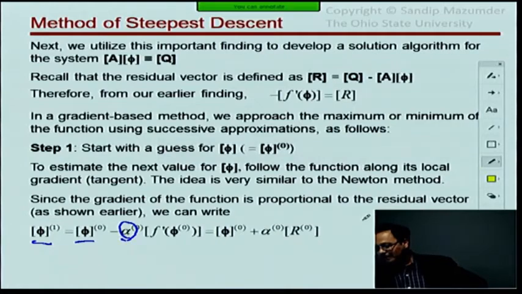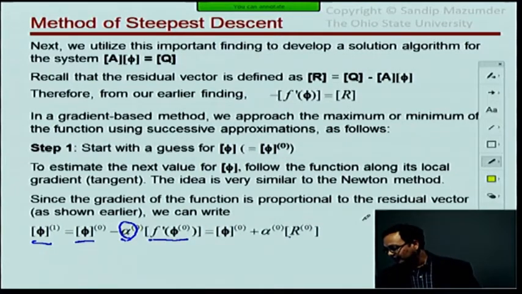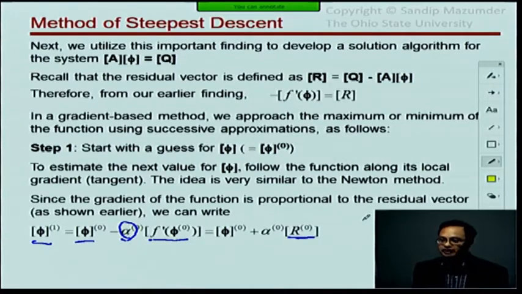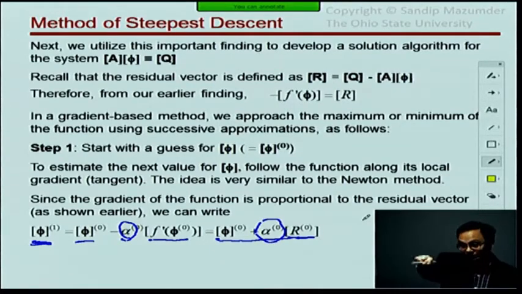As I explained graphically, we follow the perpendicular to that contour and go a certain distance alpha before I change directions. Now of course f dash is minus r, so instead of f dash I can use the r vector. This is my update step, and it gives me my next value of phi. Now the question is, what is this alpha? How much do I go along that perpendicular direction before I stop?